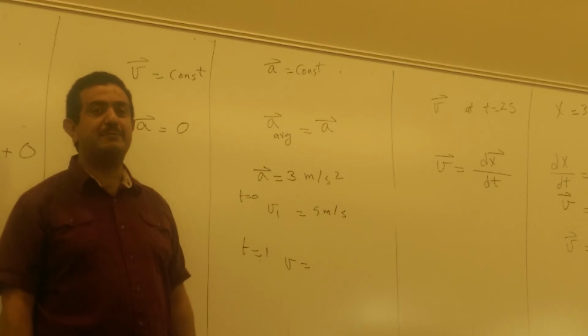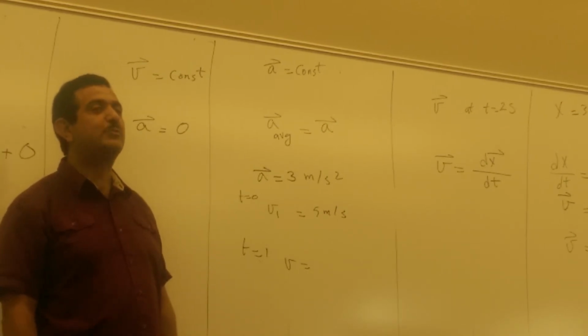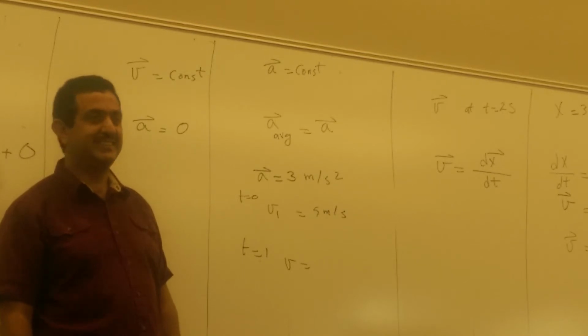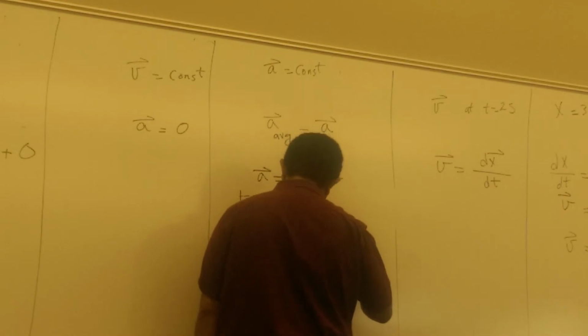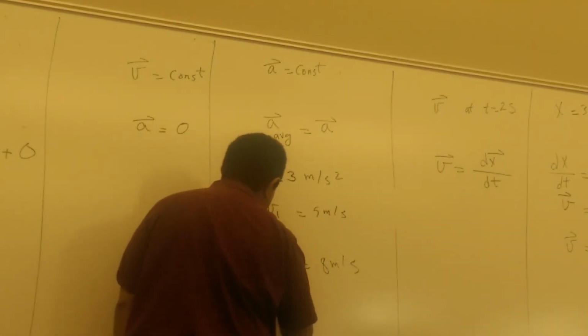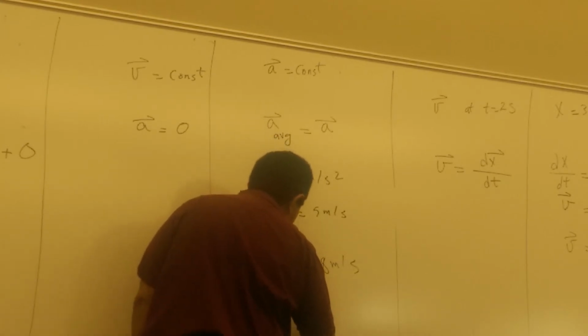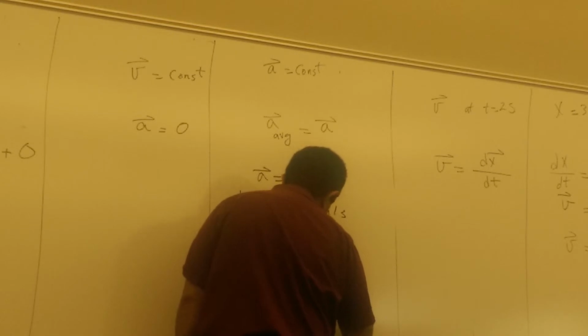If we started with 5 meters per second and you're accelerating at 3 meters per second squared, after 1 second, what is your velocity? 8. Yeah. And at t equals 2 seconds, your velocity, v3, is going to be what? 11.